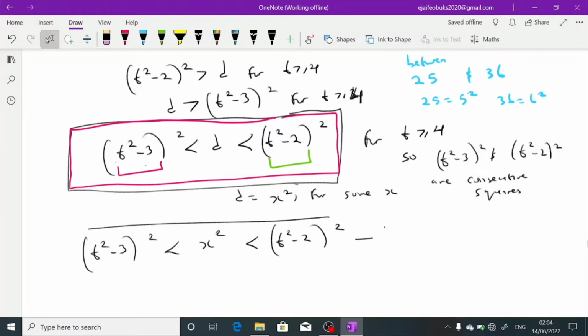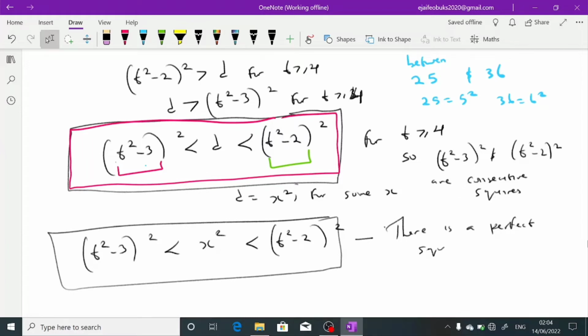So this inequality means that there is a perfect square in between two consecutive squares. Which is impossible. It can never happen.